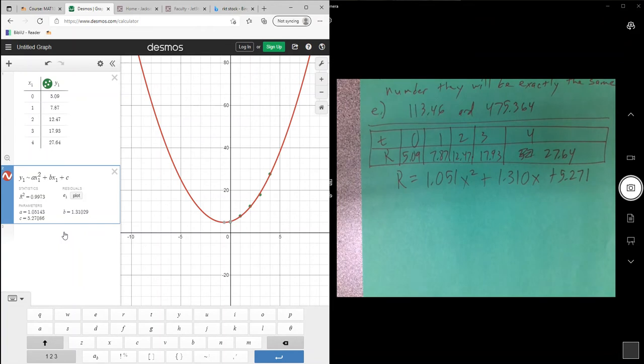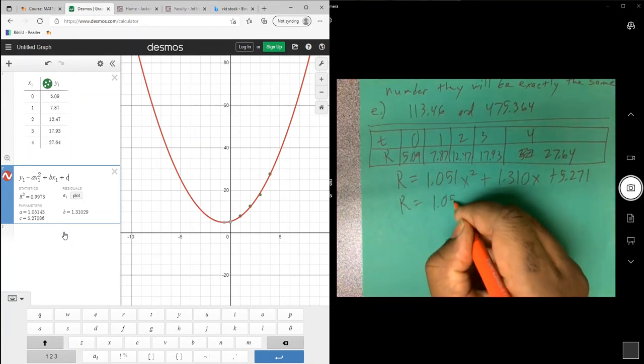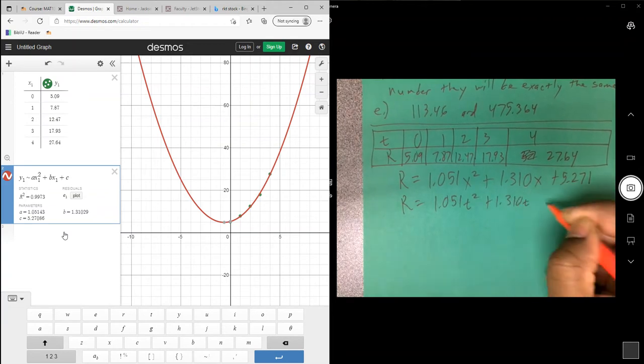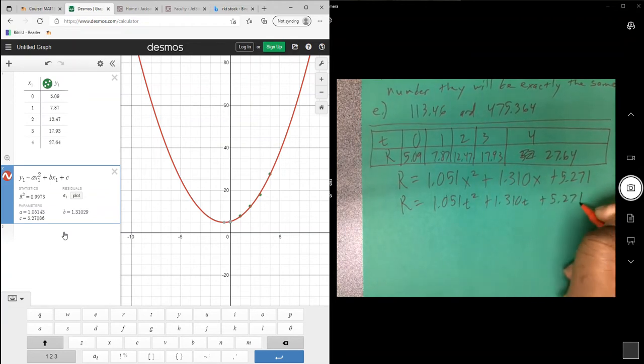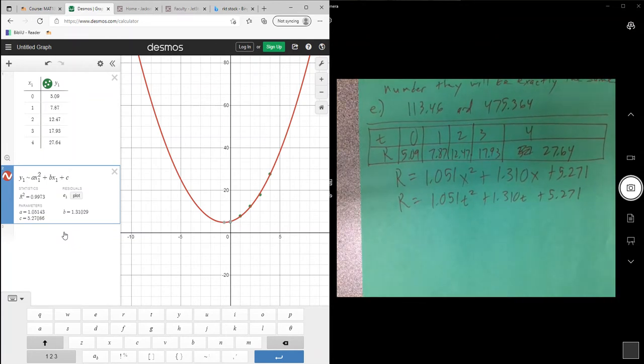Now what I need to do, I need to make one little change here because we're dealing with t instead of x. So it'd be t squared and then t. All right. So this is the formula that we have, and this was b.